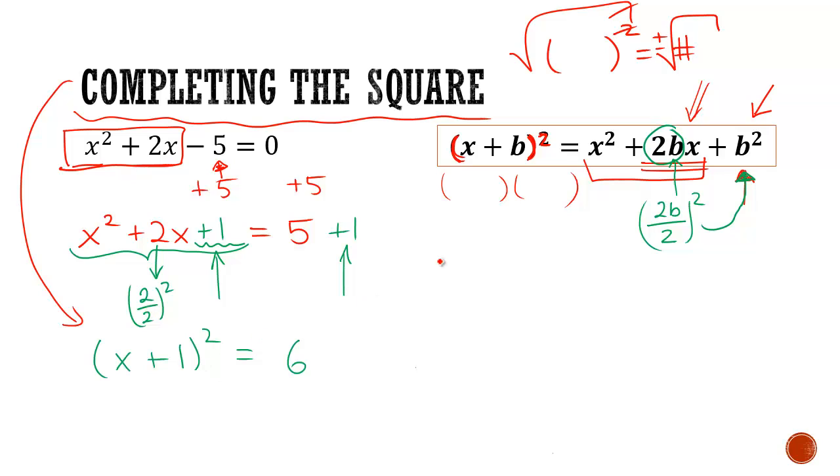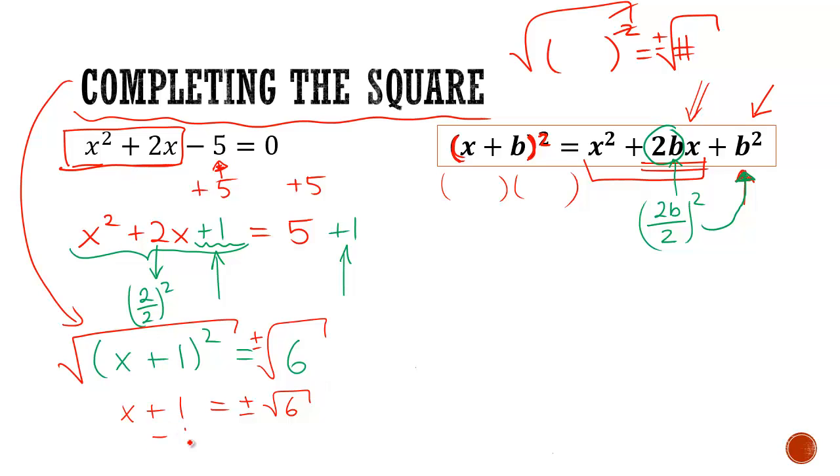You're essentially completing this formula so that you have it on one side and it ends up being in a nice squared package. Now we can apply the square root principle and root both sides, leaving plus or minus root 6 equal to x plus 1. Root 6 doesn't simplify, but that's okay.